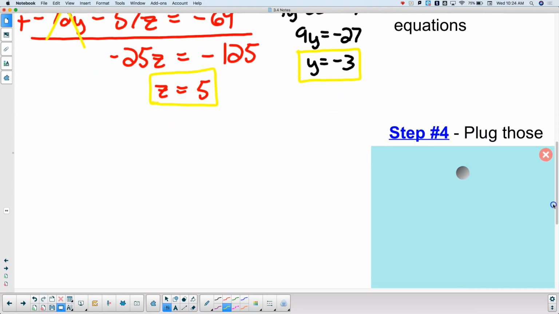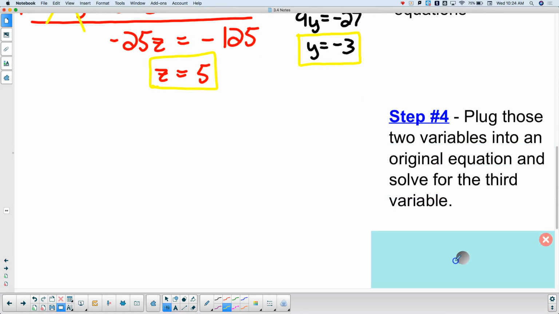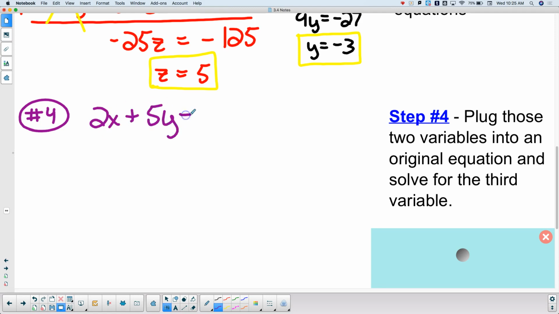Now we can take those two and we can plug it back into one of our original equations and we can get x. I'd probably go with, what do you think, equation number 3? 2x plus 5y minus z has got to be negative 12.